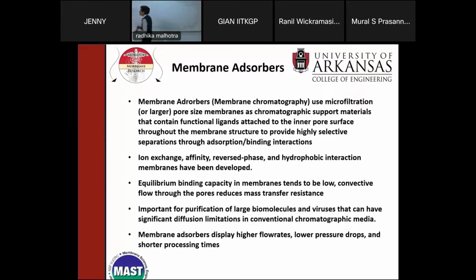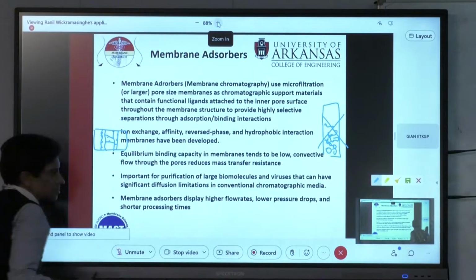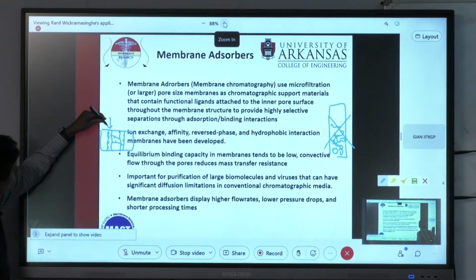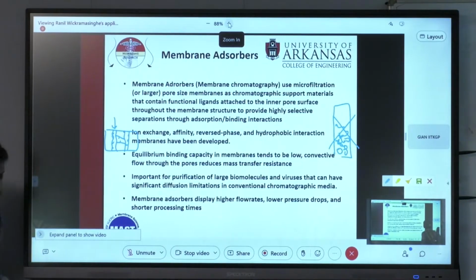So membrane adsorbers or membrane chromatography basically says get rid of this idea, and instead what we're going to do is take a membrane. So imagine a flat sheet membrane, which I'm going to try and show you like this, and it's got pores like this, right? We've got pores here and interconnections, and in these pores we're going to add ligands. Okay, so we do some surface modification and add ligands, and now we're going to pump our feed through the pores, like in microfiltration.